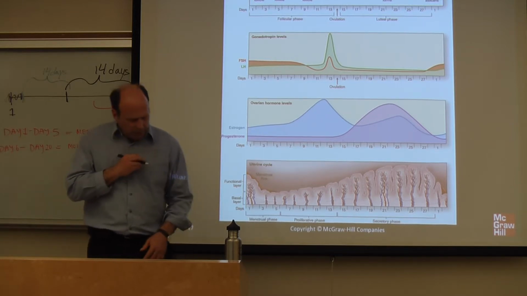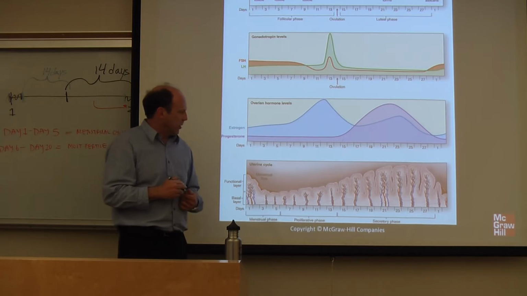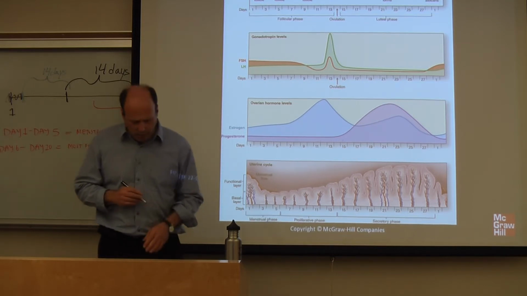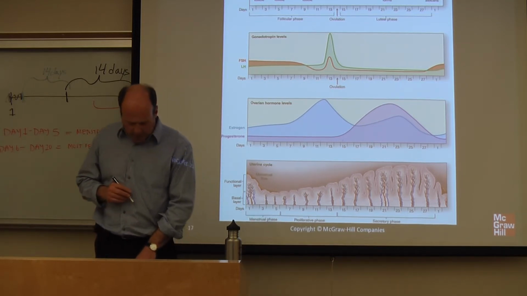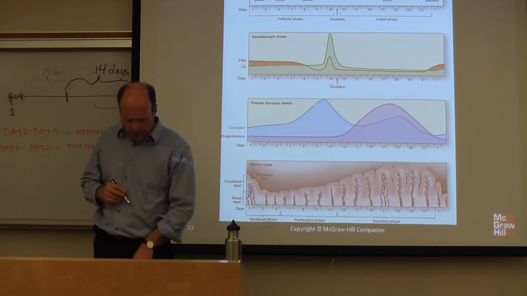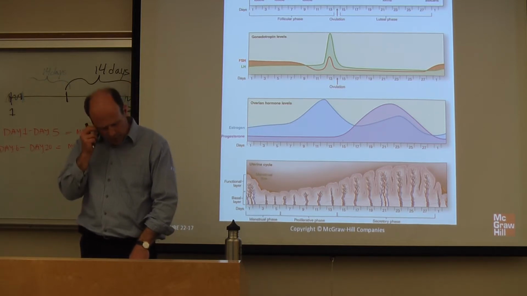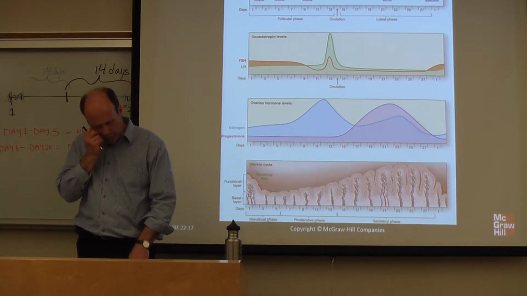So there's a condition called endometriosis where the endometrial tissue can grow beyond, into the ovaries, oviducts, and elsewhere.